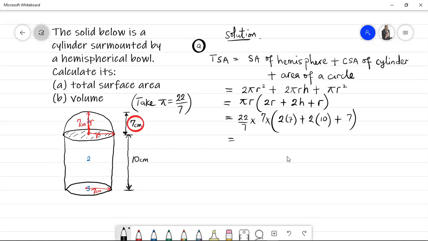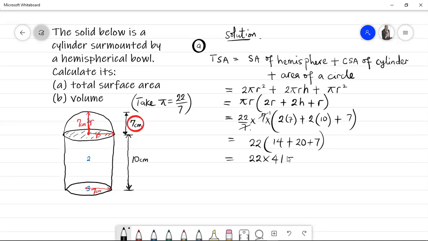So solving through, the 7 cancels the 7 here, so I'm left with 22 outside the bracket. 2 times 7 is 14, 2 times 10 is 20, and then plus 7. So here we have 22 times the addition of 14 plus 20 plus 7, that is 34 plus 7, which gives 41.